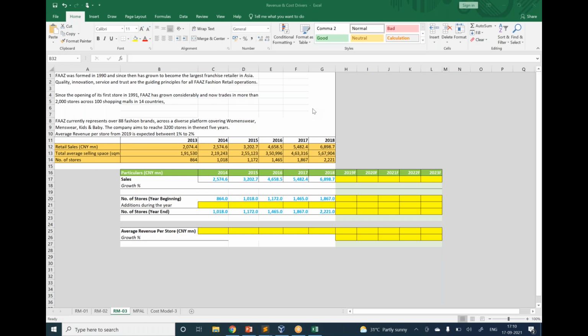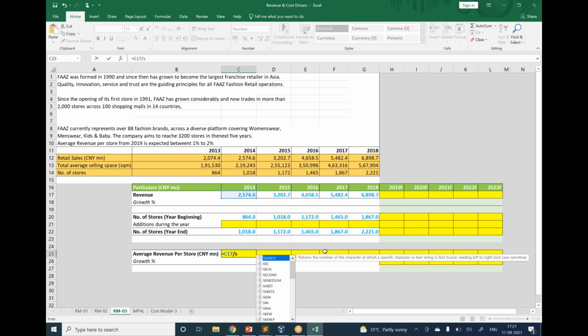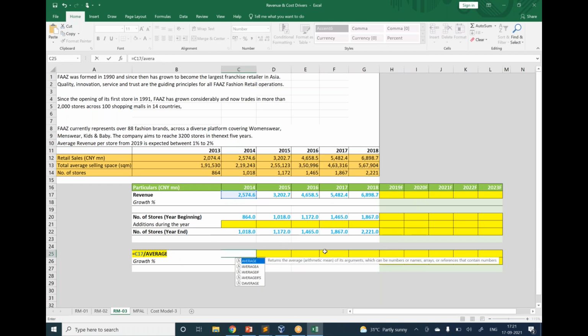And that will be your average revenue per store, 2.7 million. And I'll just drag it to the edge of the cell. Oh, screen is stuck. Okay. So what I meant to say is equals sales divided by average of beginning and ending.